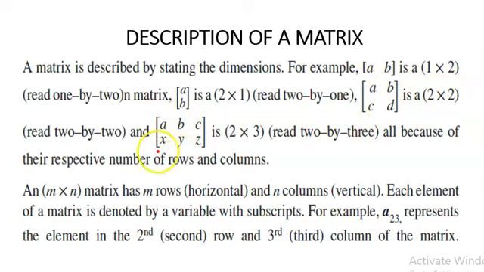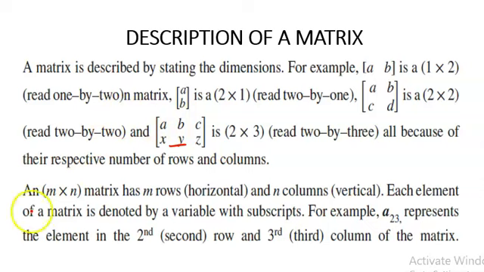Right. Let's look at this: 1, 2 rows, and then the columns are 1, 2, 3. So you can say 2 by 3 matrix. So every matrix is determined by the number of rows and then columns. So an M by N matrix has M rows, that is the horizontal arrangement, and then N columns, the vertical arrangement.